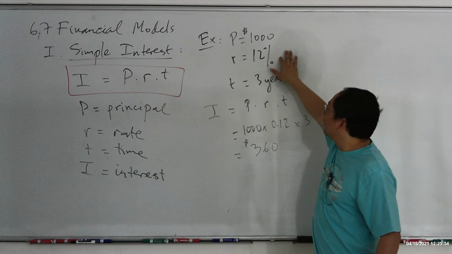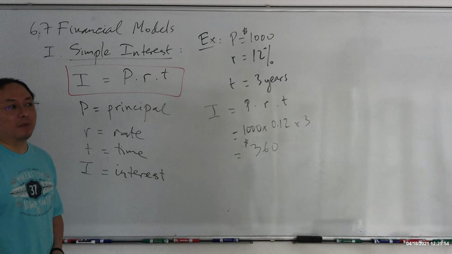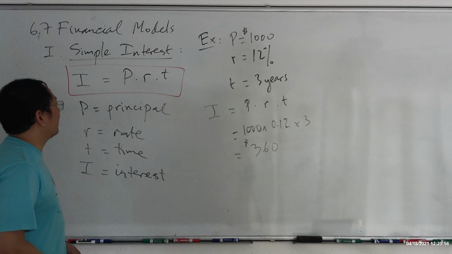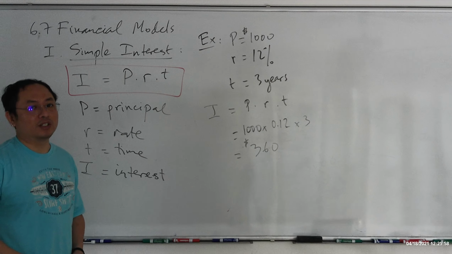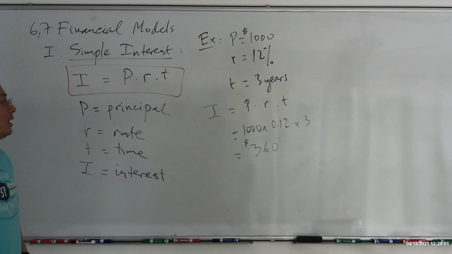So every year you're going to earn $120. That's what they call simple interest. However, keep in mind that the $120 that you earn this year may not have the same value as the $120 that you will earn next year. And that's the simple interest formula.